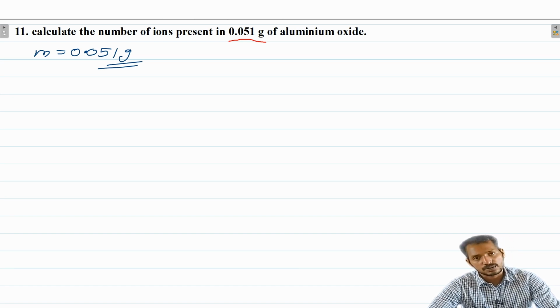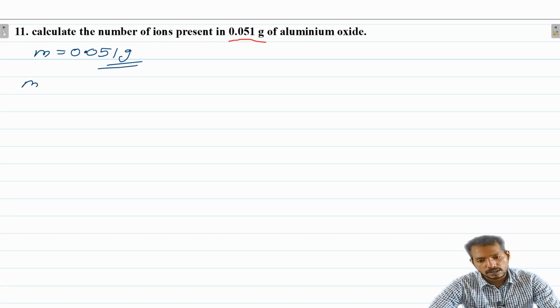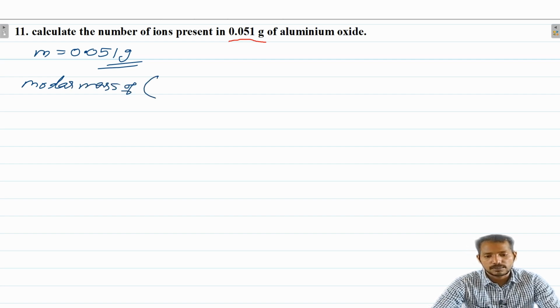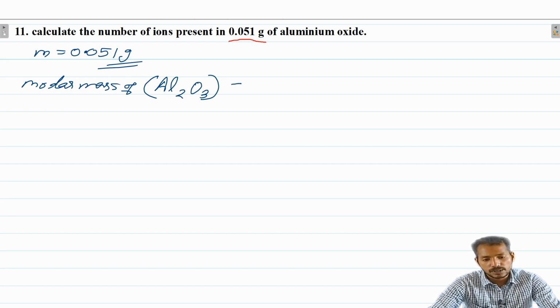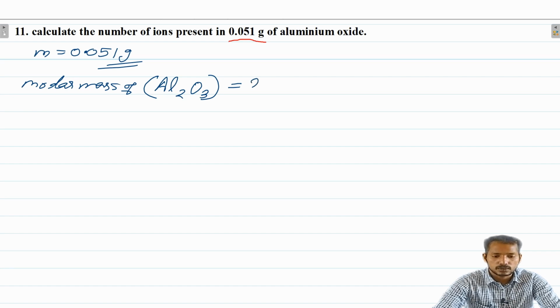Molar mass we have to find. So the molar mass of aluminium oxide, chemical formula is Al2O3. That is the chemical formula of aluminium oxide. Clear? Which is equal to, how many aluminiums are there? 2 into atomic mass of aluminium is 27.